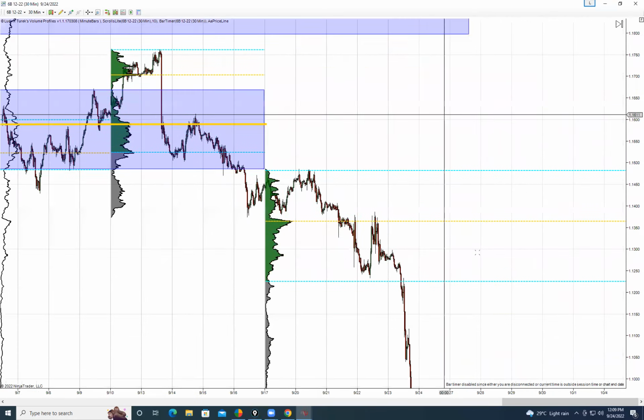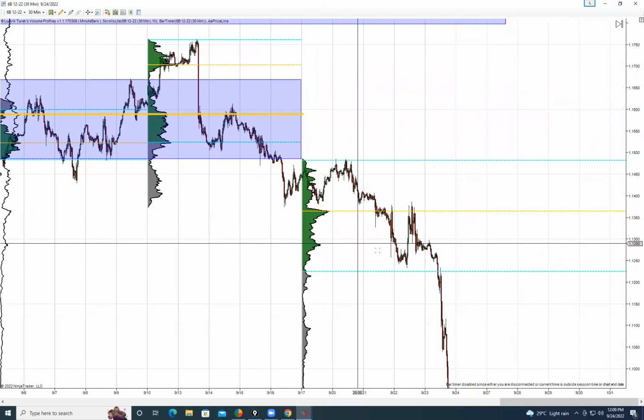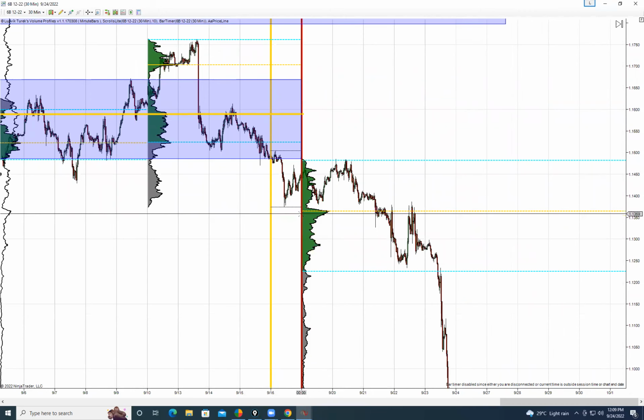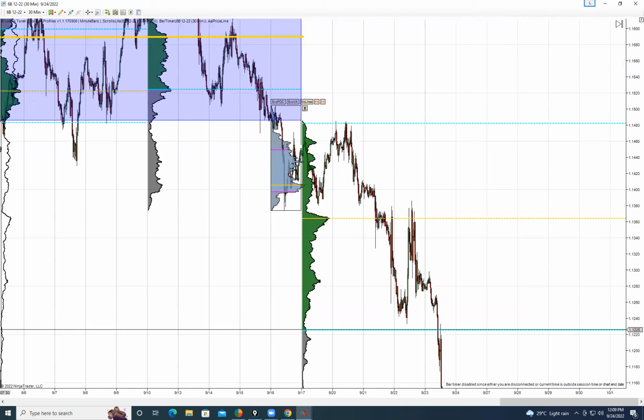We can see that after the breakout, Monday, Tuesday, Wednesday, Thursday, Friday, if we add a profile to see what was happening on this breakout from this value, we saw from last week that we had price discovery whereby value was being generated down here.